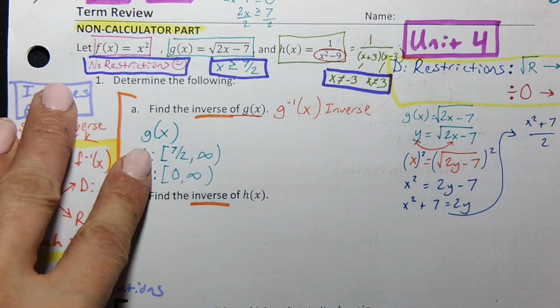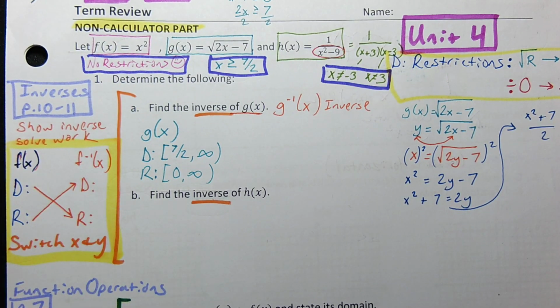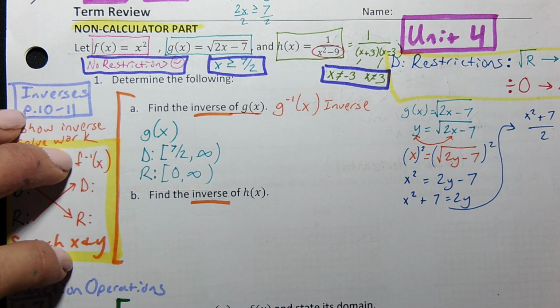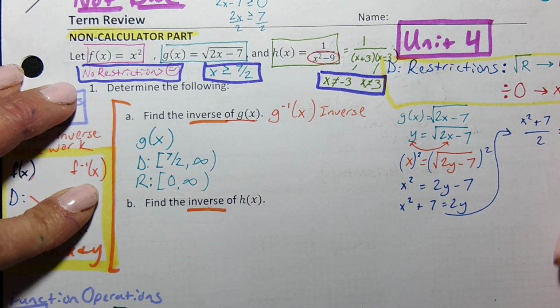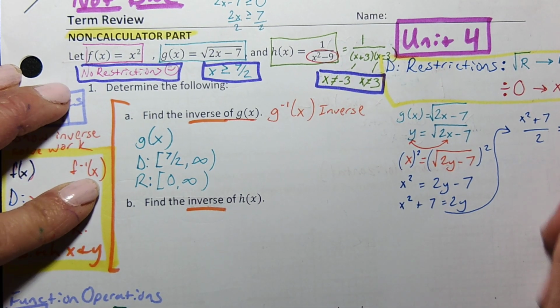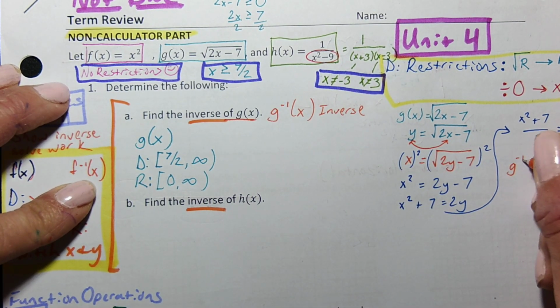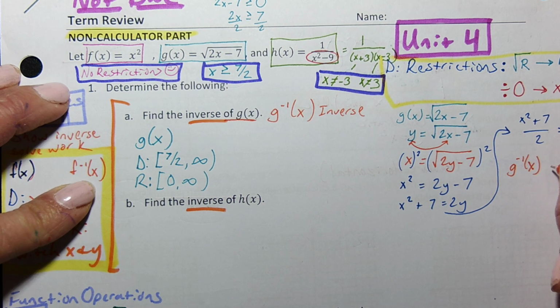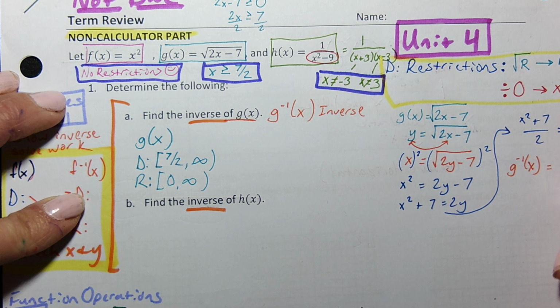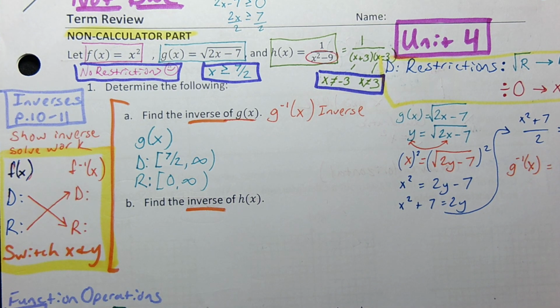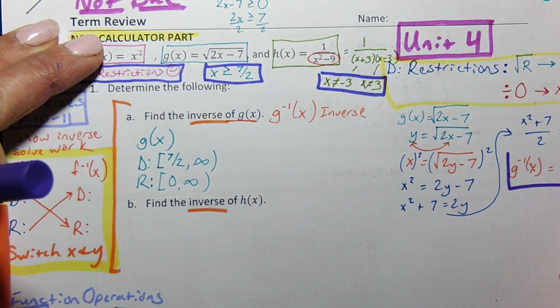And that's why it's going to inherit the original function's restrictions. So it seems fussy, but I have to replace that y with the inverse notation. Because that's what says this isn't a regular quadratic.